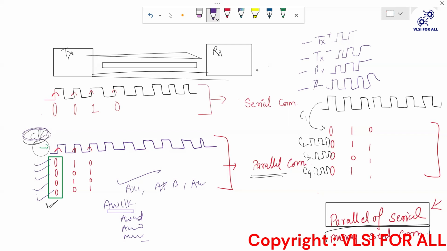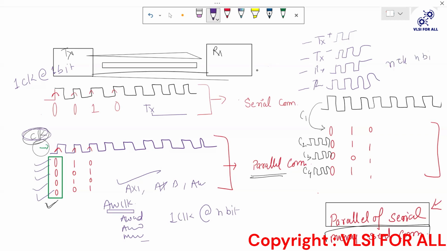Meaning these are 4 serial communications in parallel. And if you have only a TX pin, that is nothing but a serial communication, because 1 clock, 1 bit, 4 clocks, 4 bits, and 1 clock, 4 bits. So this is 1 clock at the rate of 1 bit. This is 1 clock at the rate of n bits, and this is n clocks, n bits.